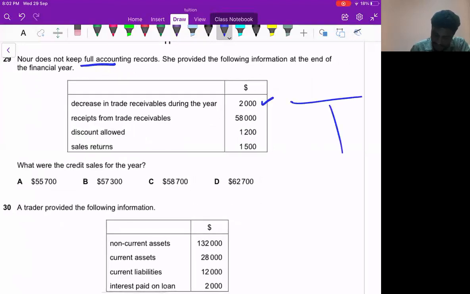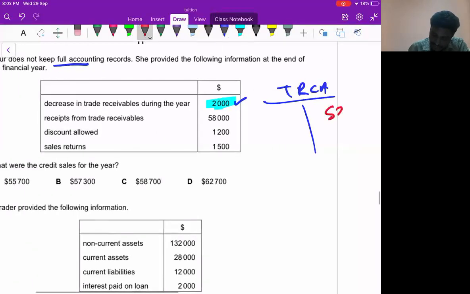Okay, I do the trade receivable control account. We put the others first because others are easy. If you receive money from the customer, it will be the credit side because the customer's account will be reduced, 58,000. Discount allowed will be credit side also because the customer's account will be reduced. Sales return also will be credit side because his debt will be reduced.